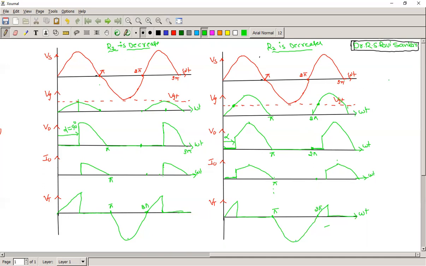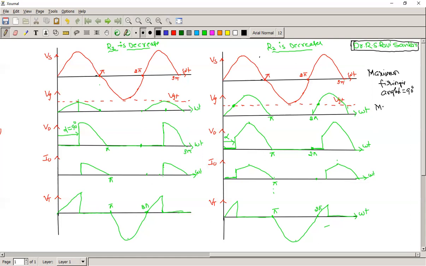By means of this circuit, you can get the maximum firing angle alpha of 90 degrees.